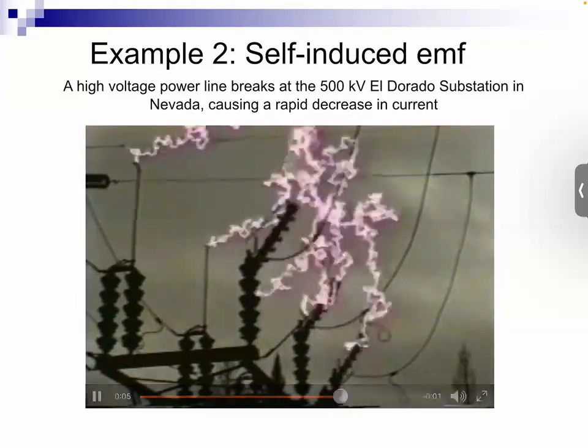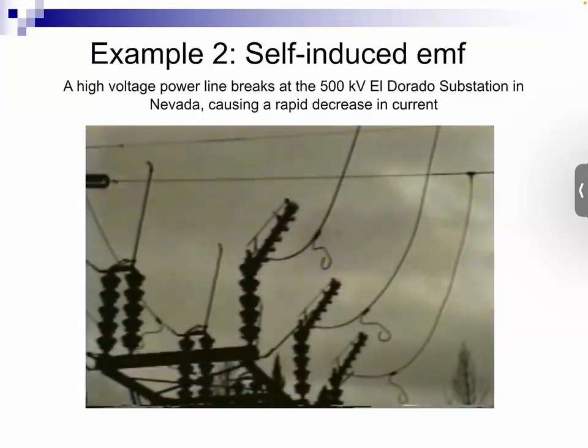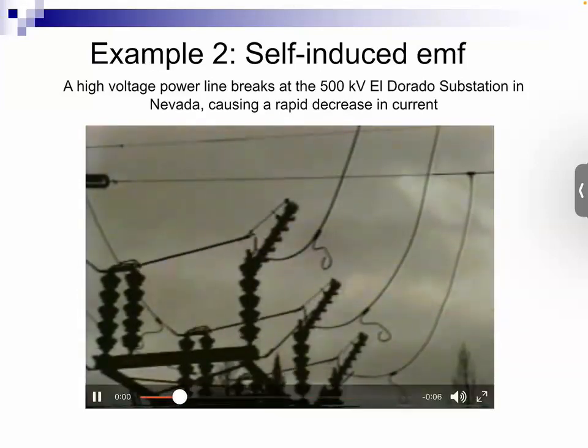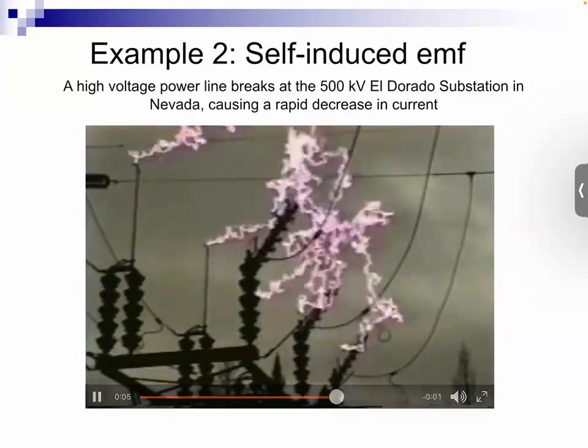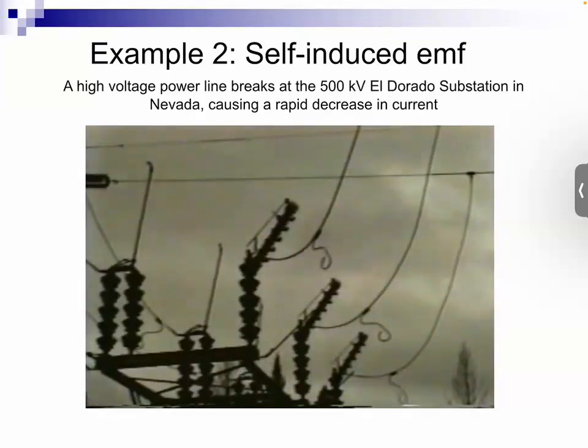So that's exactly what happens if the line breaks. The spark you see is induced current that will try to bridge the gap in order to prevent that sudden decrease in the current through your lines. Right? Good. Make sense?